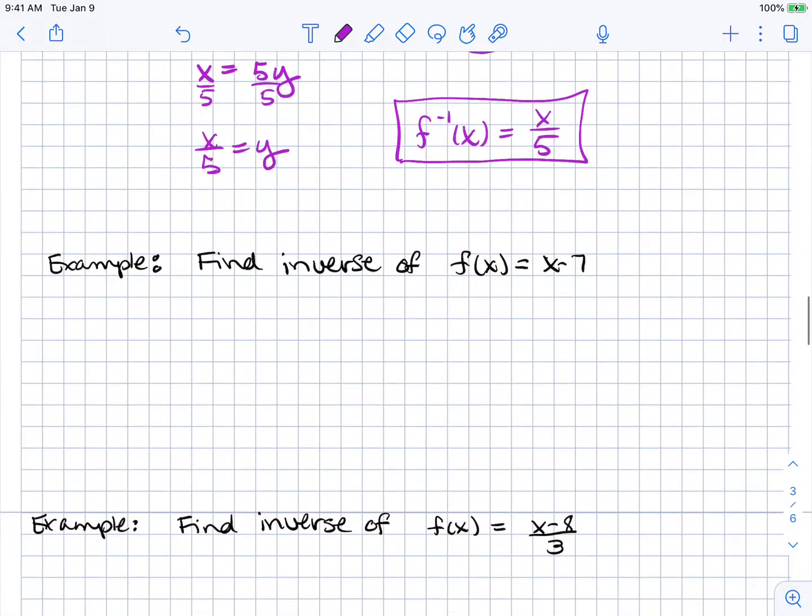Okay. If I want to find the inverse of this equation, it's written just a little bit differently. Instead of having a y already given, it's put in function notation. So I'm just going to change this to y equals x minus 7. And then I'm going to switch the x and y places.